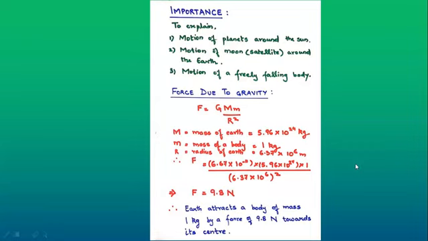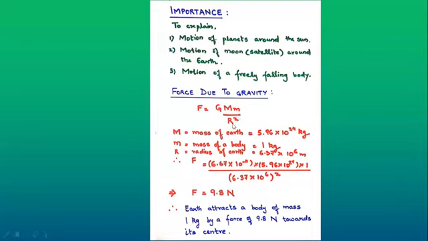So, how will we write the mathematical form of force due to gravity? It is F = G m1 m2 / r², you know. Here m1 is the mass of the earth, and m2 will be written as small m, that is the mass of a body.